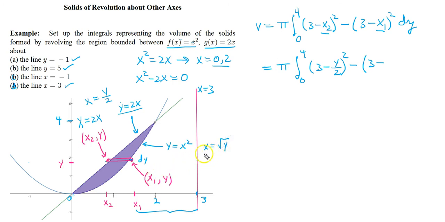Putting x1 in for x, y in for y, we get x1 equals the square root of y. dy. And there you go. That's our answer for part D over here. You could easily FOIL this out again and integrate from 0 to 4, and you'll get your answer. And that concludes our discussion about the washer and disk methods.